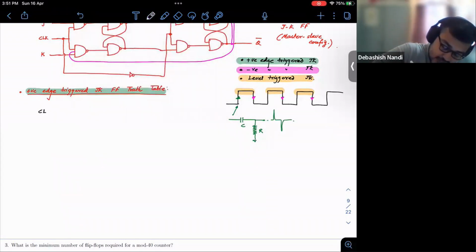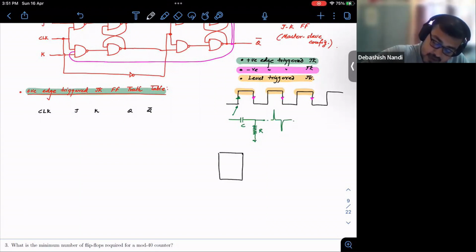So let's say this is your clock, this is your J, this is K, this is Q, and this is Q bar. By the way, the symbols of the circuits are: say this is your J, this is your K, and this is your clock. Okay, this is your Q, this is your Q bar. This is the symbol of level triggered.